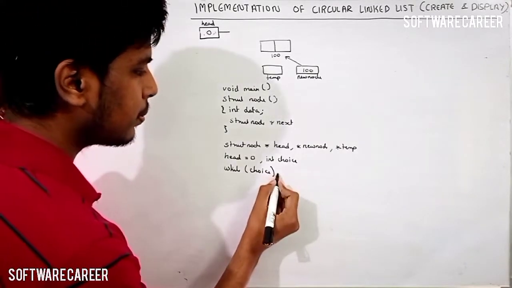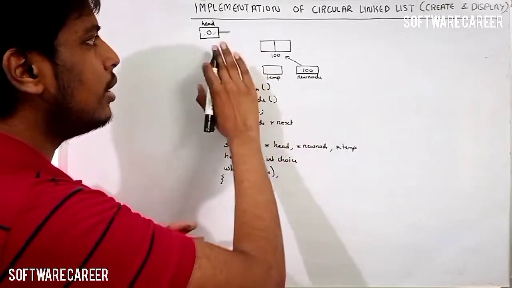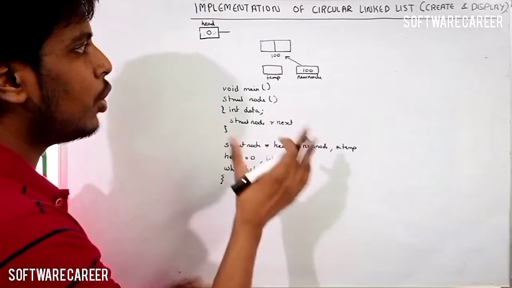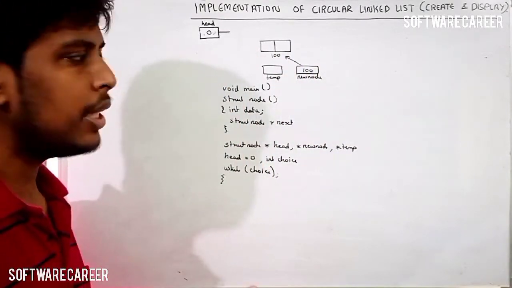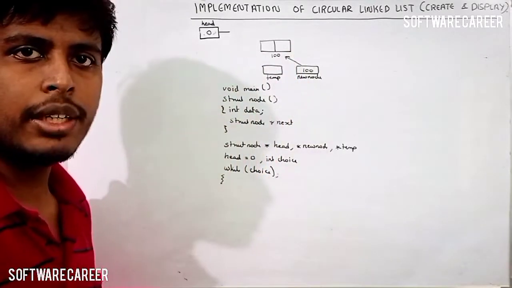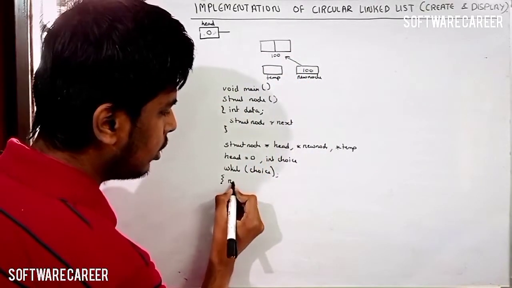Now see, at starting the linked list is empty. First what I did? First I created this new node. How to create it? By using dynamic allocation. By the malloc function you can create it. So I am writing how to create it. See here.